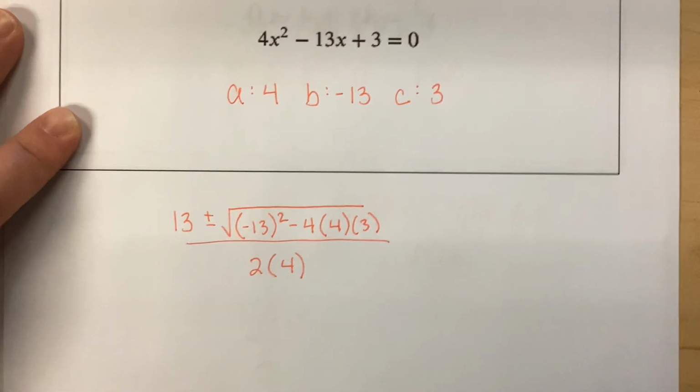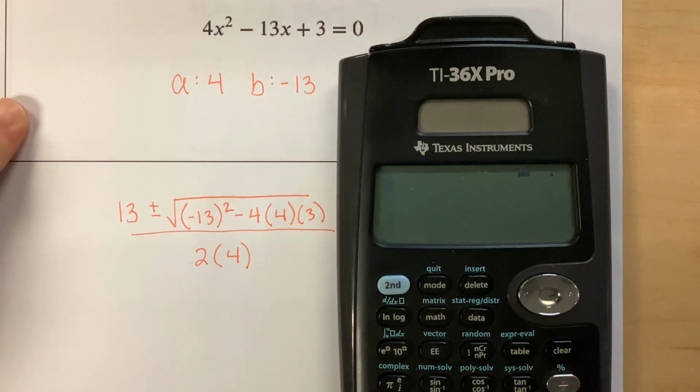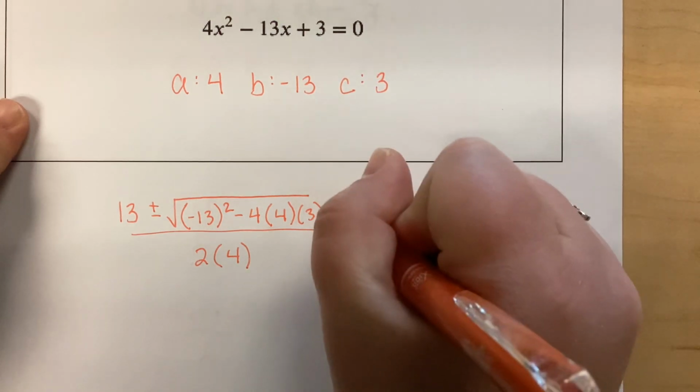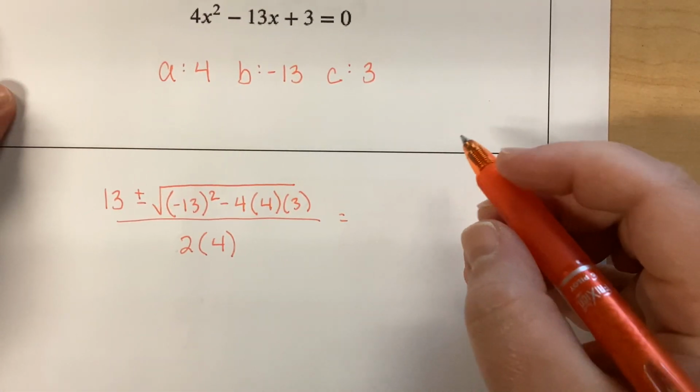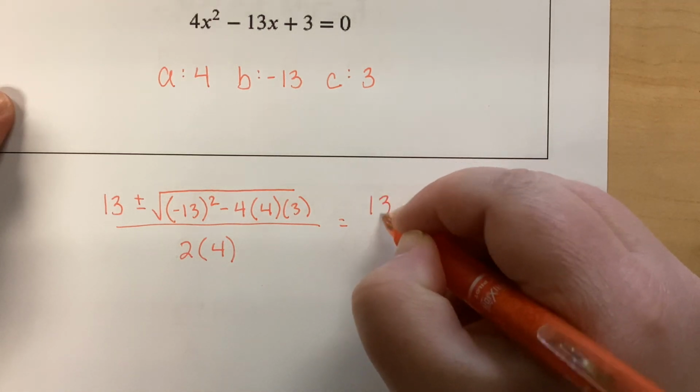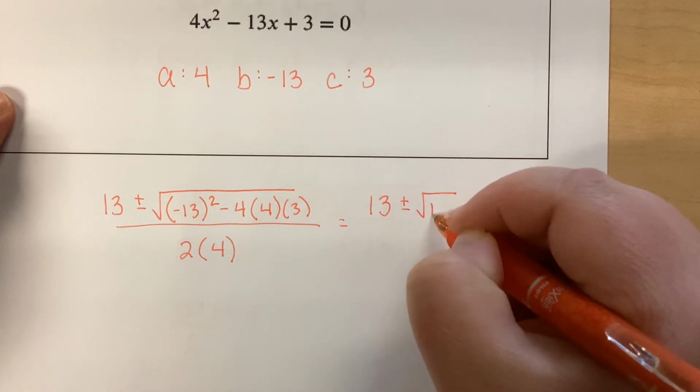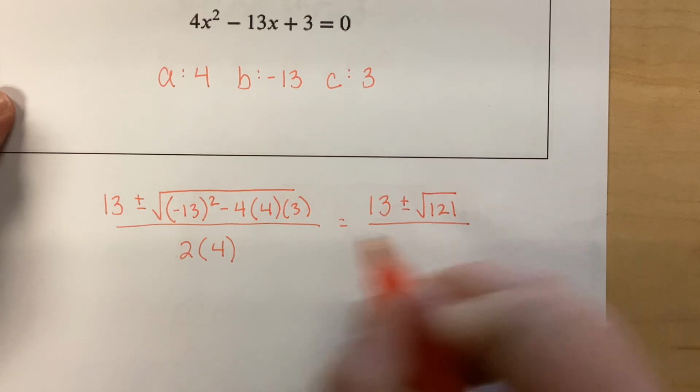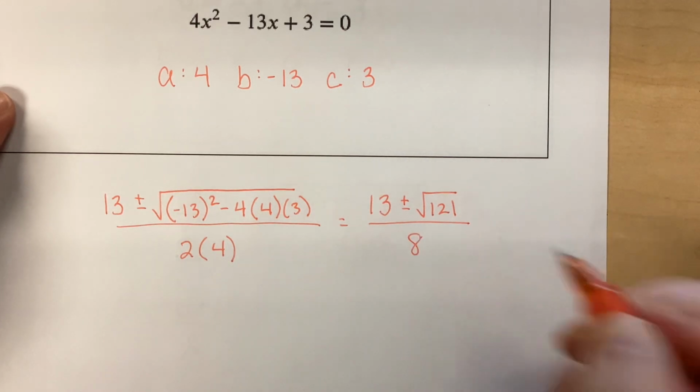All right, let's get the calculator. So we have negative 13 squared minus 4 times 3, which is 121. So now we have 13 plus or minus the square root of 121 all over 2 times 4, which is 8.